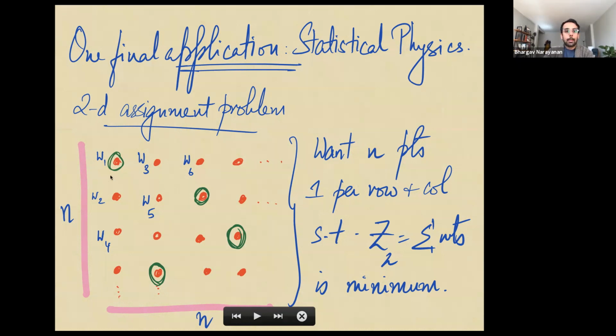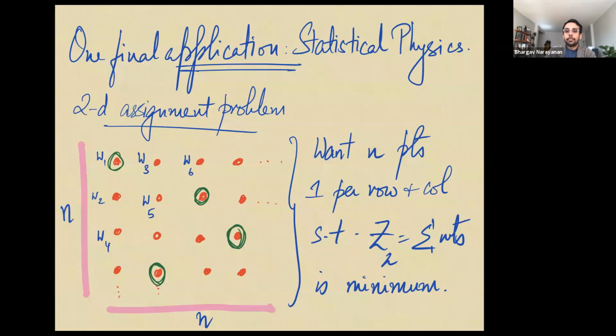What we'd like to do now is to select n points, one from each row and one from each column, or in other words, a permutation matrix. And we want to minimize the total weight of our selection. So my notation here is Z2, the minimum sum of weights over all such potential assignments.